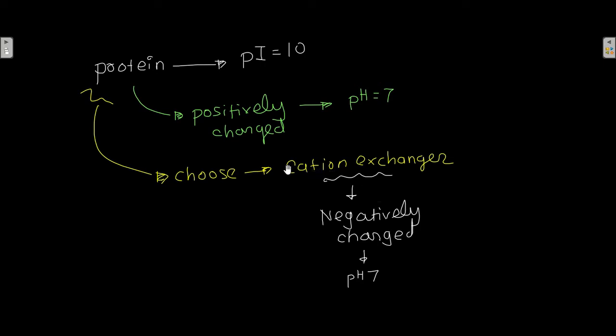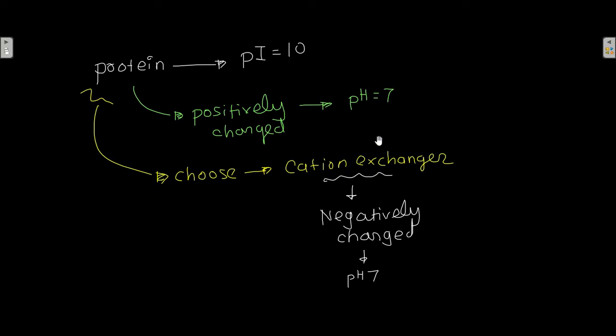So in the pH range of 7, you will use a cation exchanger for this protein who has an isoelectric point of 10. So again, isoelectric point determines whether the anionic exchanger is going to be used or cationic exchanger is to be used. In this case, the cationic exchanger is used.